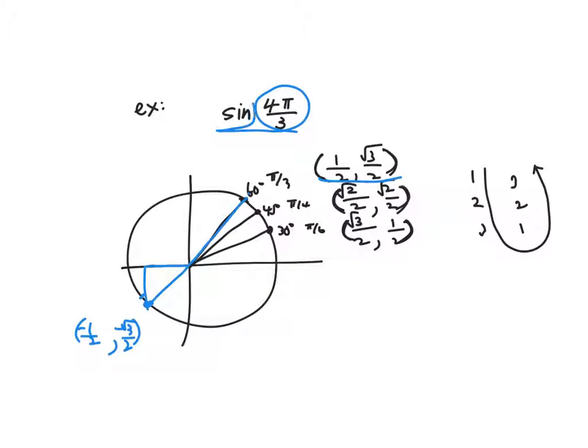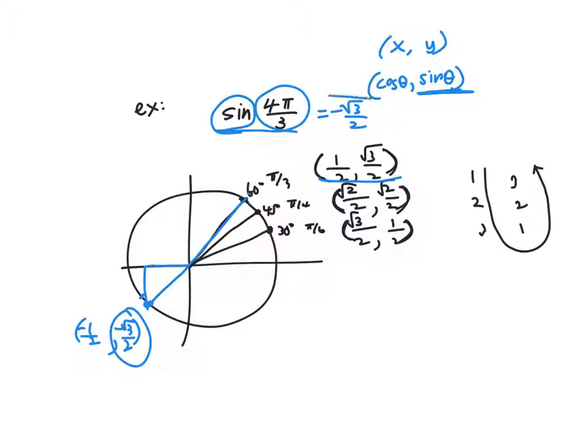And I'm looking for the sine coordinate. So remember in a unit circle, the xy coordinates are equal to cosine theta for x, and sine theta for y. So I just need to read off the y coordinate, and that is my answer.